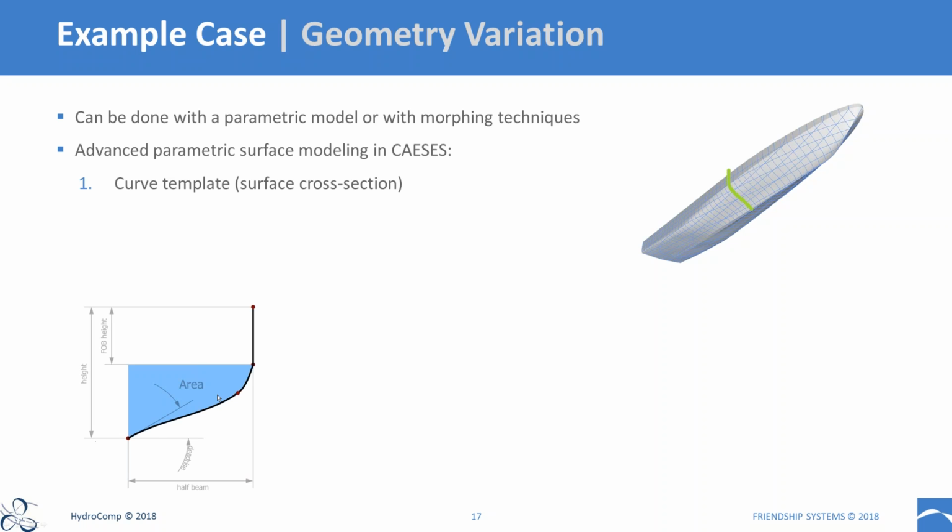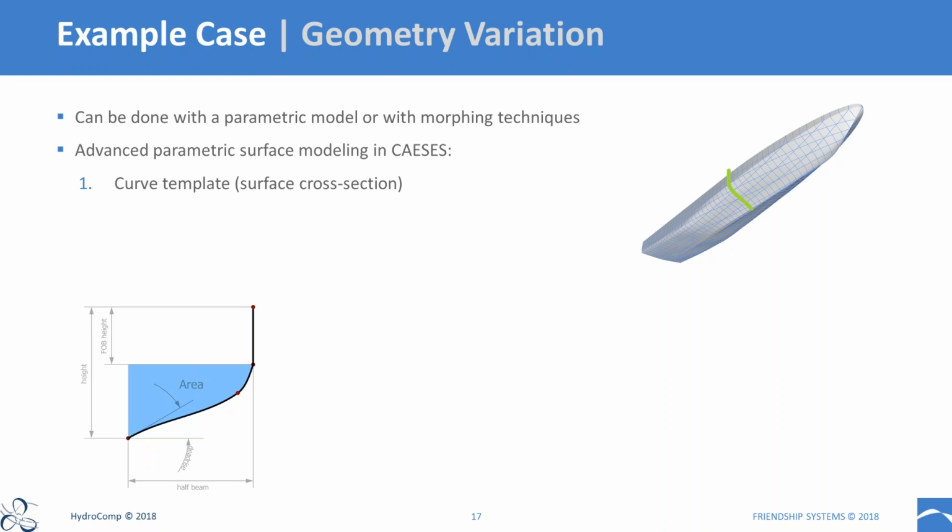And in the bottom, you see a picture of that cross-section. So this is a frame of our hull that is controlled by some parameters. I put in here a couple of parameters, might not be all of them, but to give you an idea that we can control the frame shape with parameters.